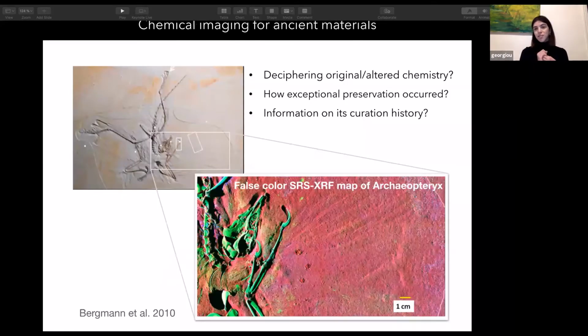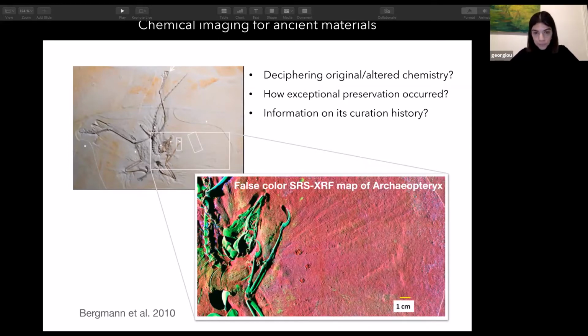If we go to the specific case of paleontological specimens, that are quite complex, and we want to characterize their chemistry and decipher their original and altered chemistry and understand how exceptional preservation occurs, we often need chemical imaging.